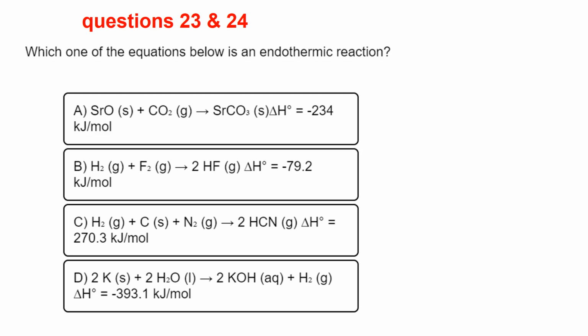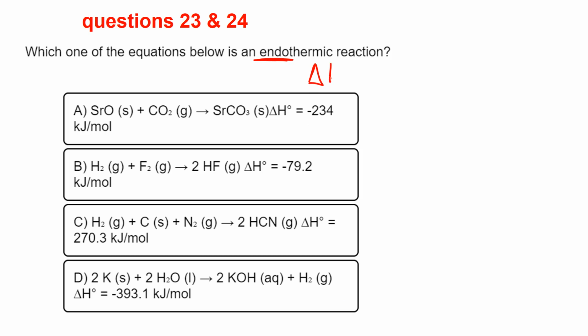All right, so looking at number 23 and number 24. One's going to ask this question based off an exothermic, one's going to ask it based off an endothermic. So I'm looking at this one, and it says, which one of the equations below is endothermic? So if I'm asking about endothermic, what is the only thing I really need to pay attention to?